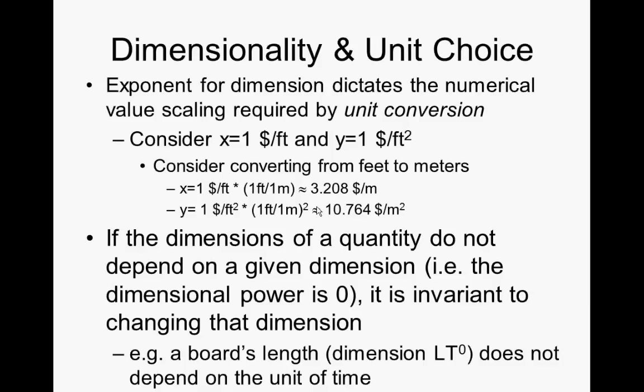And if a given quantity only depends on, say, dollars and feet, if this is dollars per foot, I could write out its dimension as cost to the 1 power, length to the -1 power, -1 because it's dollars per foot. The foot is in the denominator. And what would its exponent be for time? What's the exponent of that for time?